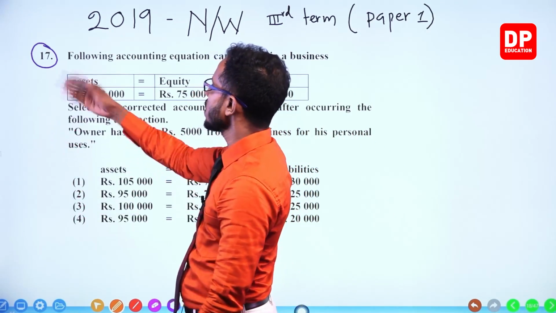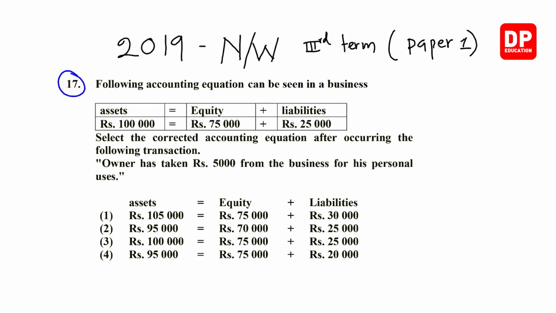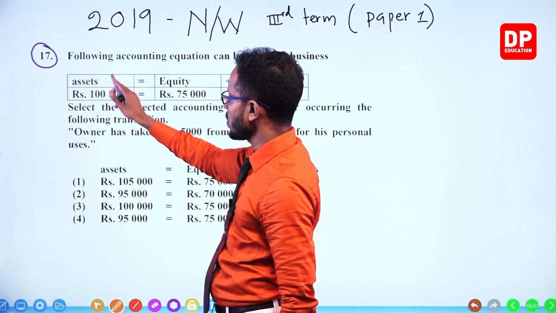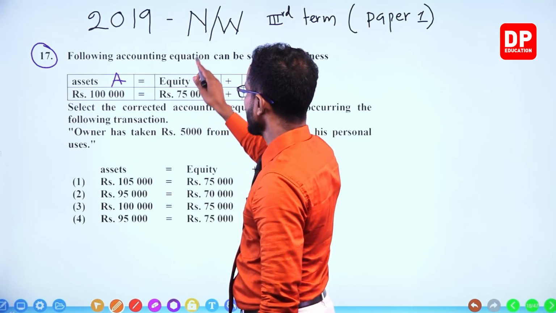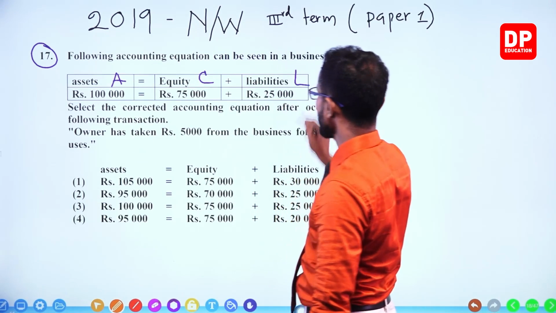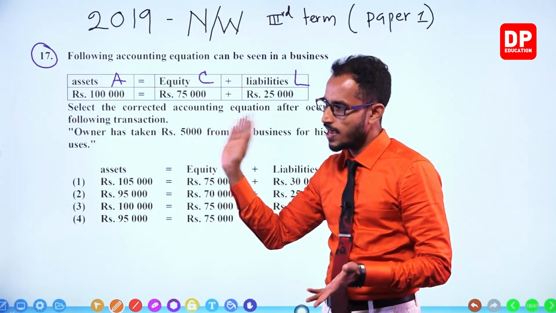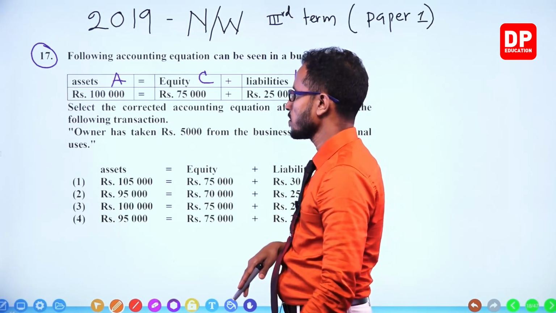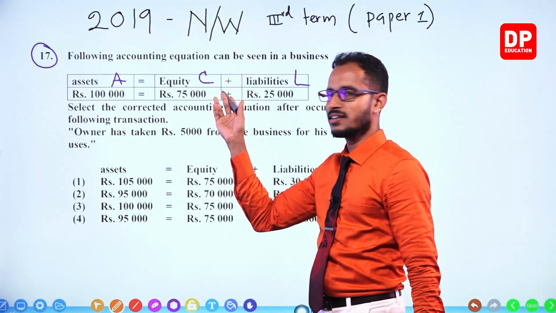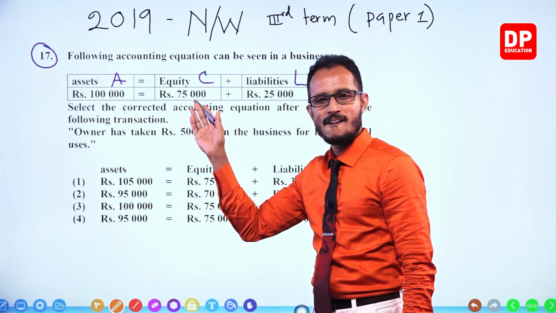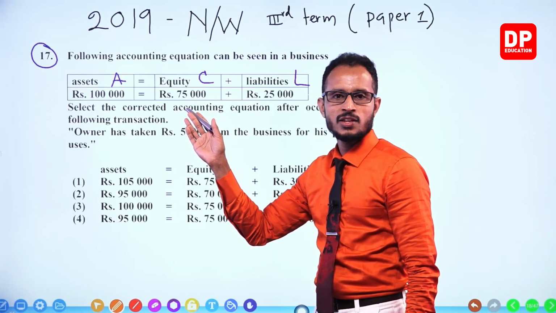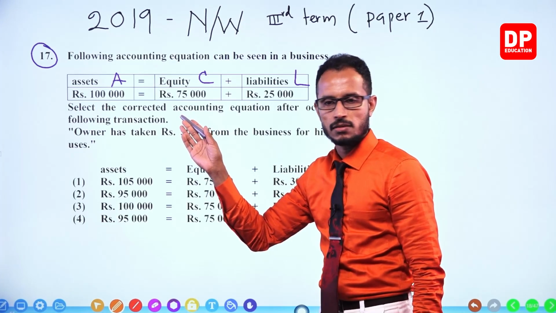Accounting questions. The following accounting equation can be seen in a business. All right, A equals C plus L, or A equals E plus L, doesn't matter. E means equity, C means, not cat, it's capital.